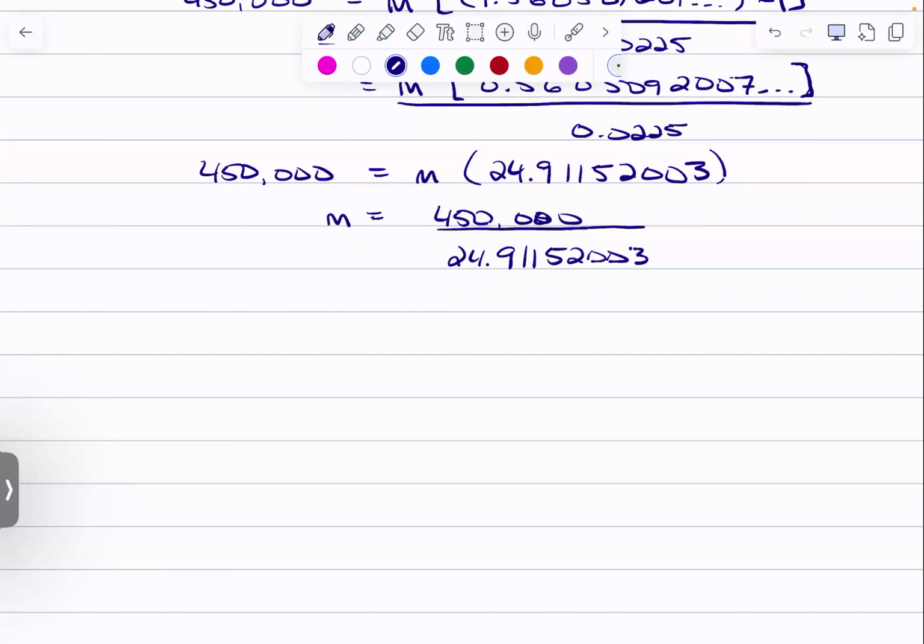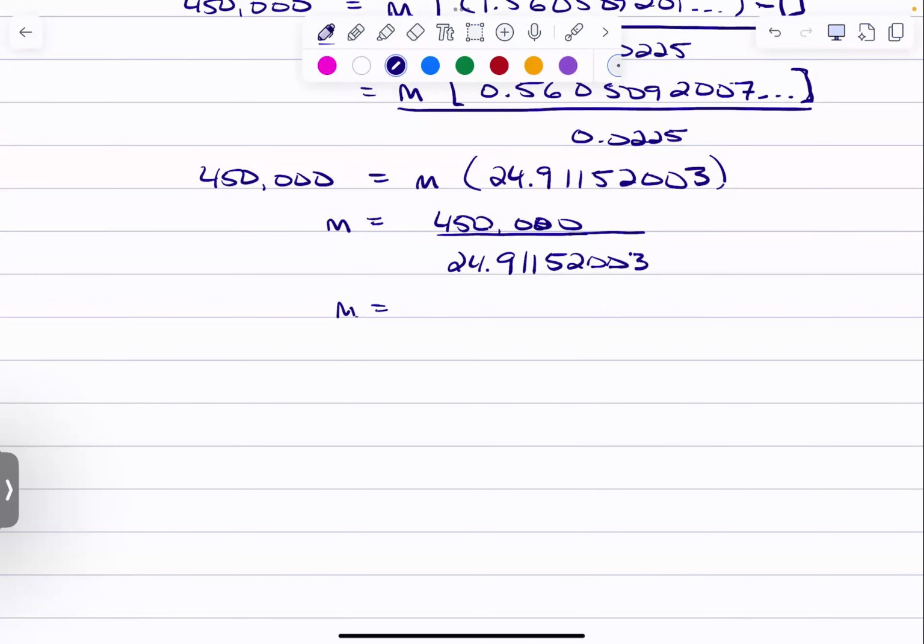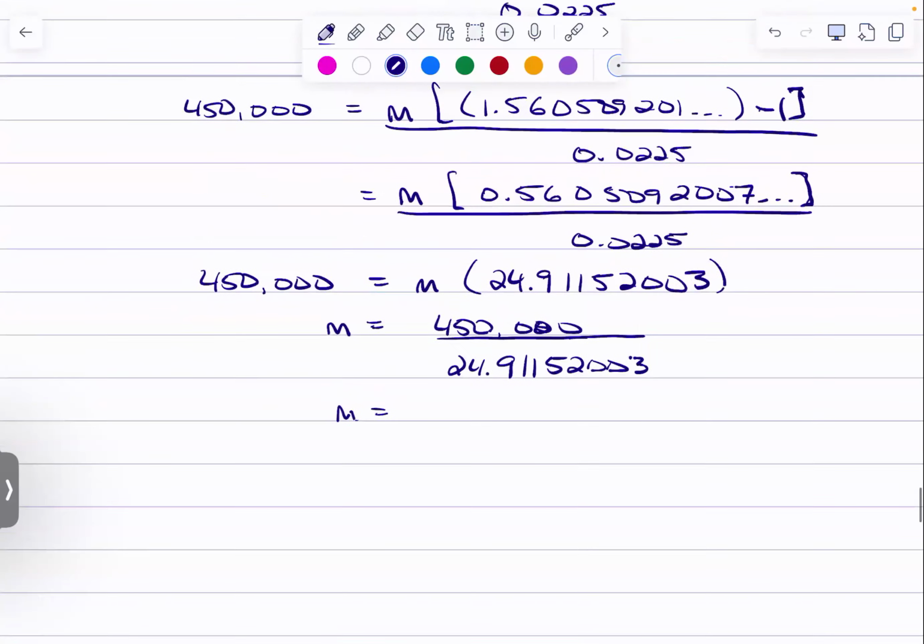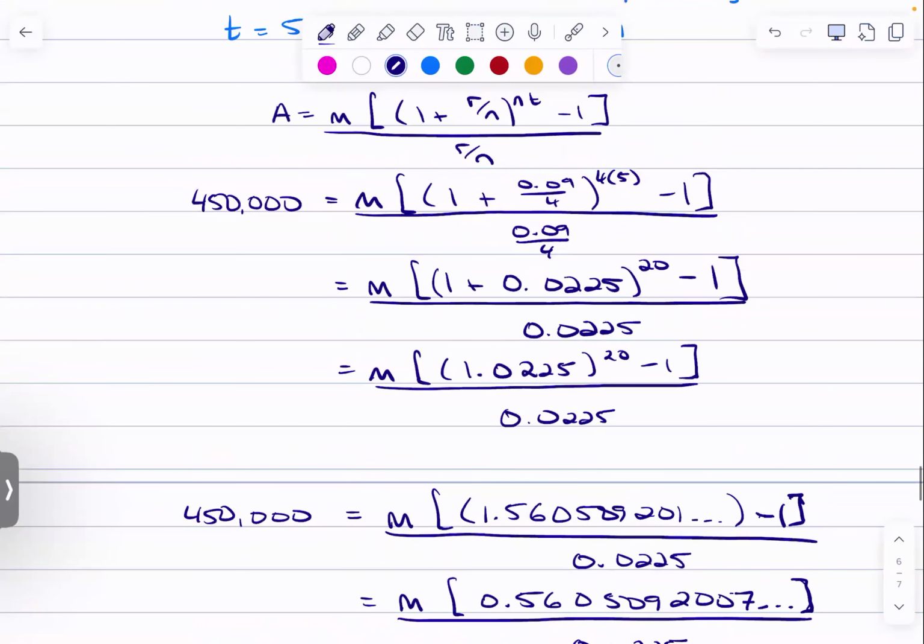Okay. M, I get 450,000. Make sure you have all your zeros. Oh my gosh, I just deleted the 2, 4, 9 and so on. Let me do it real quick. 1.0225 to the power of 20 minus 1 divided by 0.0225.